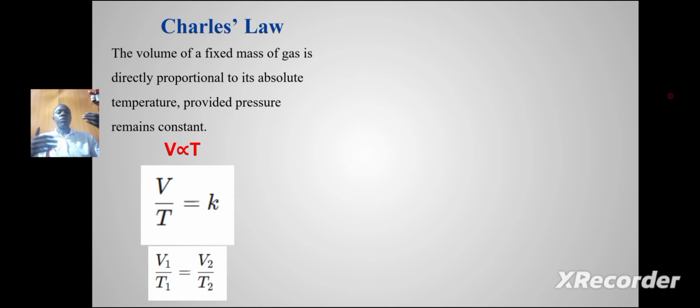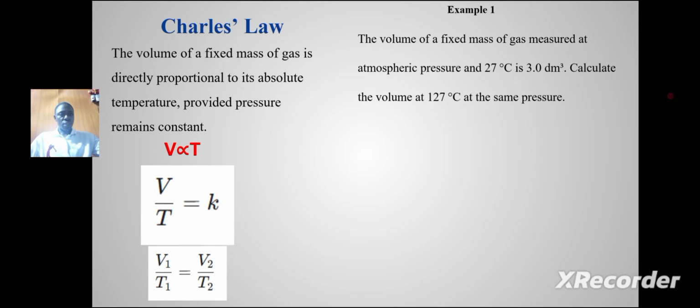The ratio of the volume of a given mass of gas to its corresponding temperature in Kelvin, that's the absolute temperature, at constant pressure is always constant. That's Charles' law. So let's see if we can solve some examples.